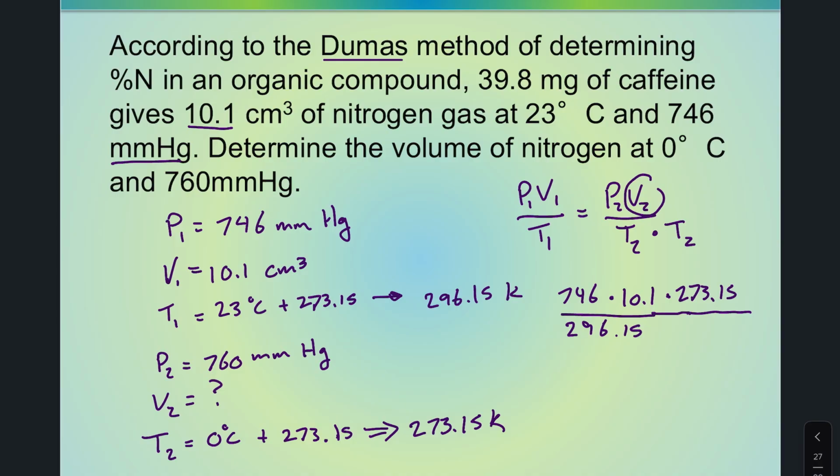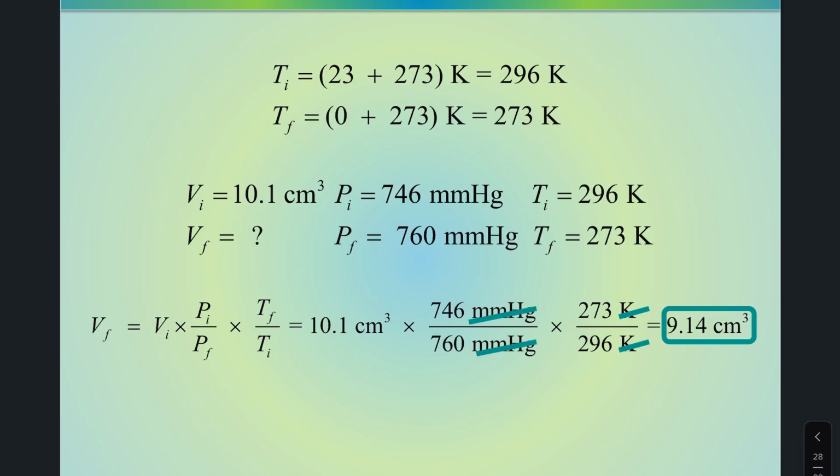We also need to divide by P2 on both sides, so we can cancel these out, and we end up getting P2 on the bottom, which is 760. Okay, and so we do this math, and we should get 9.14 cubic centimeters. If we look at the answer, this is exactly correct.